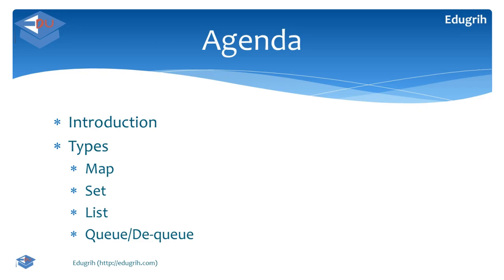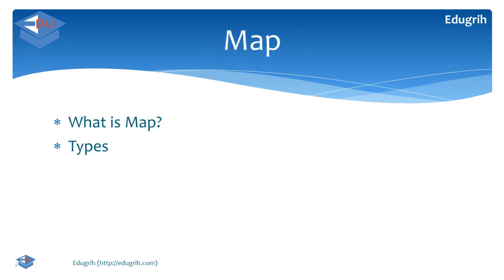So these are the four major categories in which we can describe the collections in Java. In today's session, we will be talking more about the map interface provided by collections in Java, because map is one of the most widely used data structures in Java.